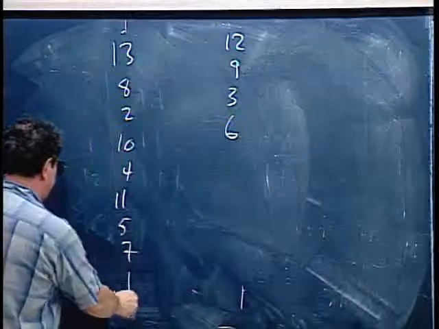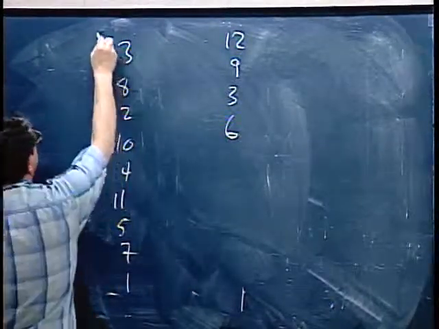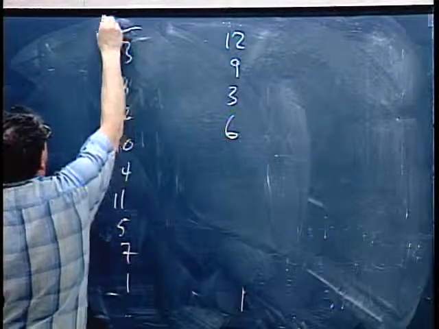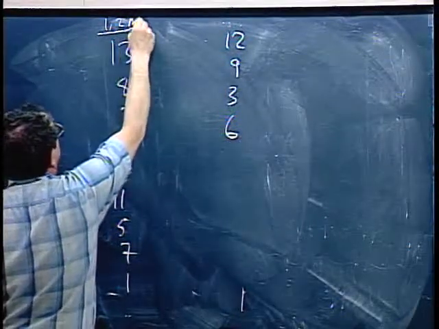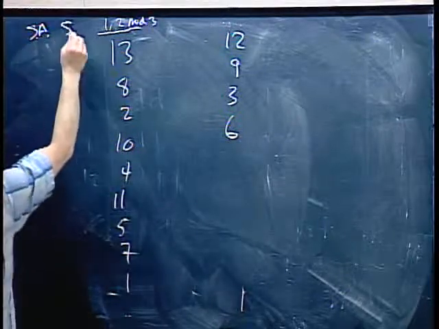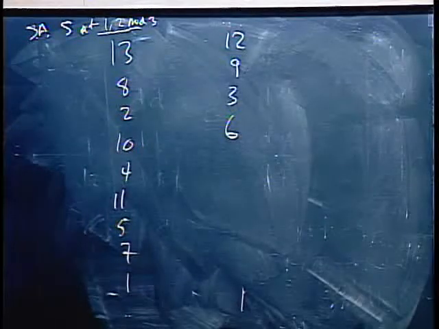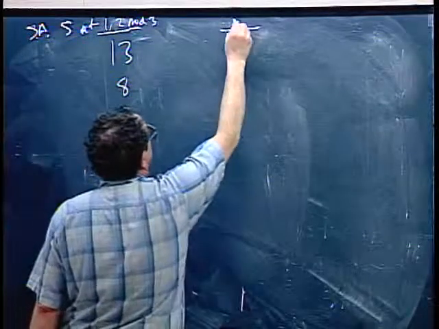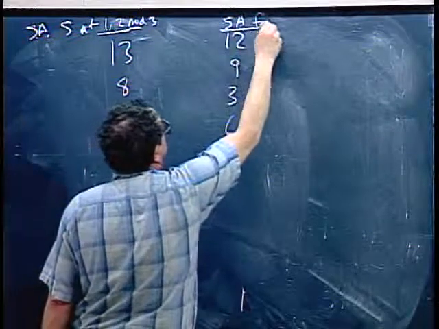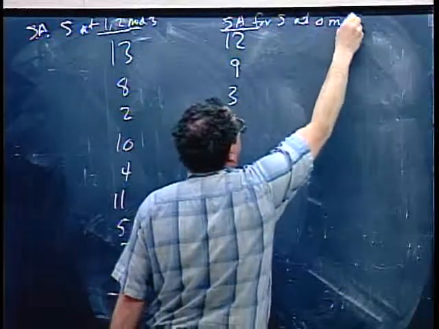So this was the suffix array of S restricted to 1 and 2 mod 3. Suffix array for S at 1 and 2 mod 3. And this is the suffix array we found for S at 0 mod 3.